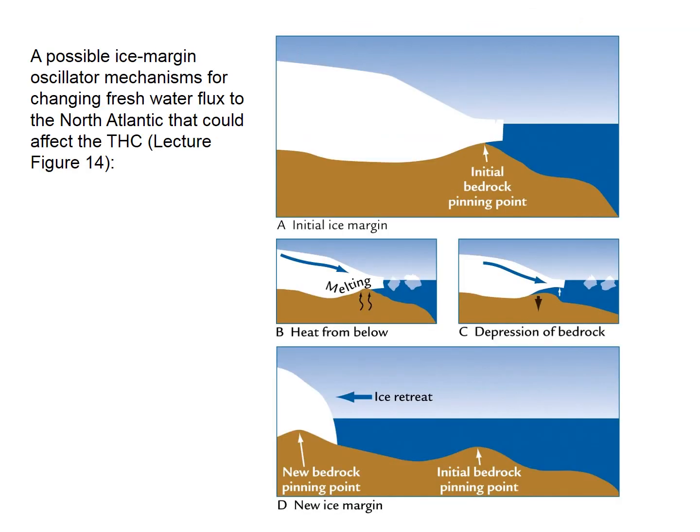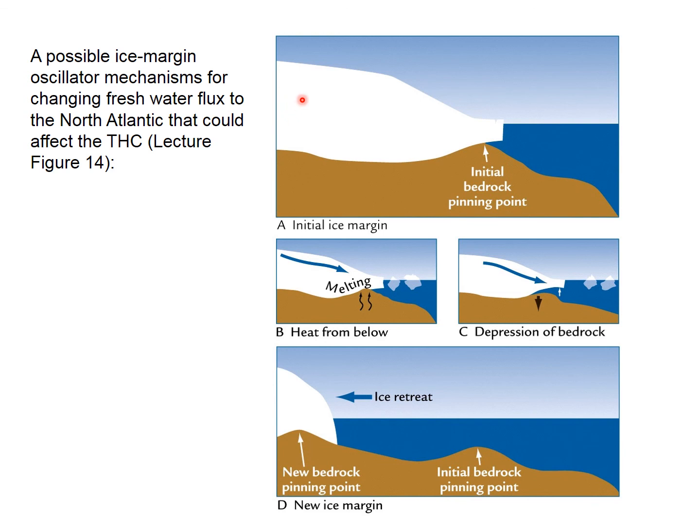So this is another mechanism that might play a role in this switching between these two climate states. Large ice sheets are constantly accumulating ice and snow. The ice then flows towards the sea, where it breaks off and forms an ice shelf, and then you get icebergs.